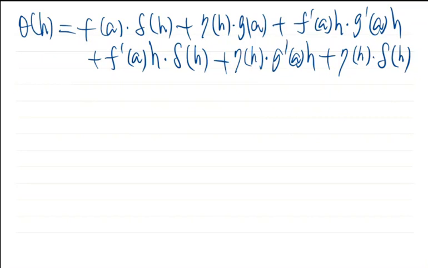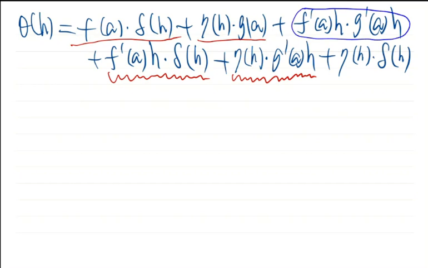We have a look at these terms. There are several types of terms. These two are the same type, and these two terms are also of the same type. Finally, for the last two, this is one type and this is another type.